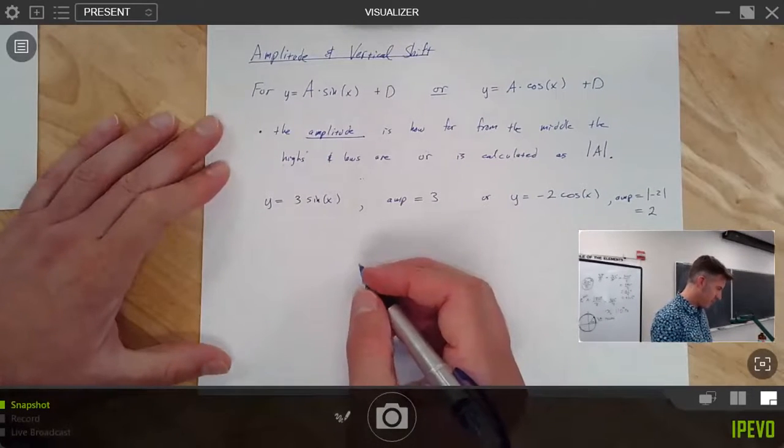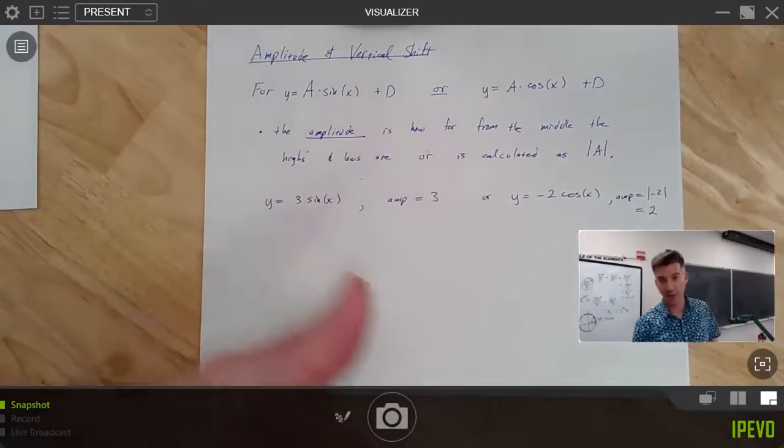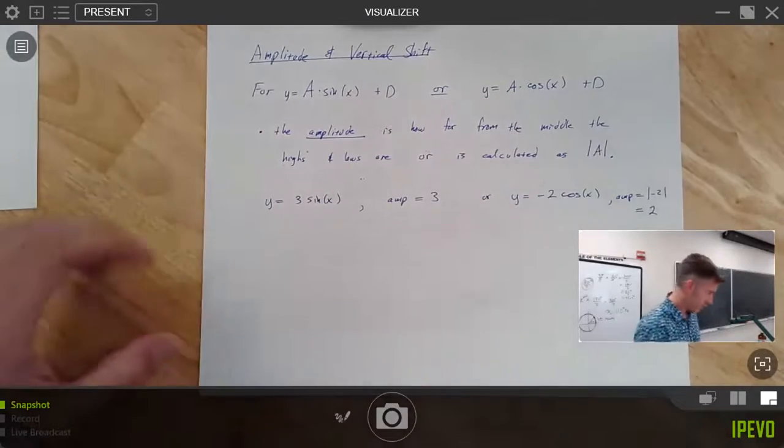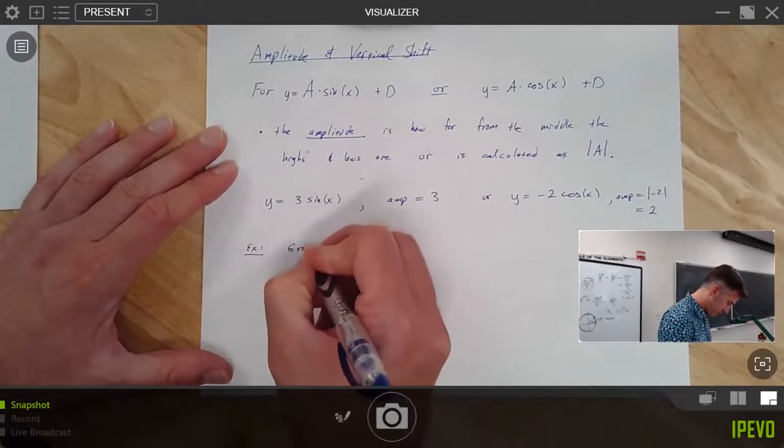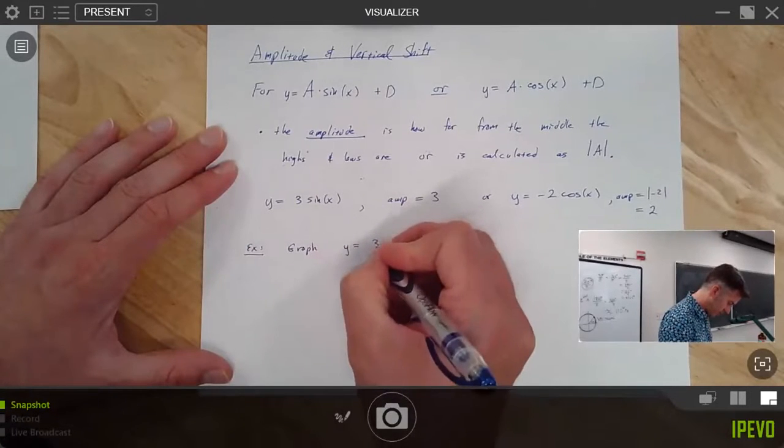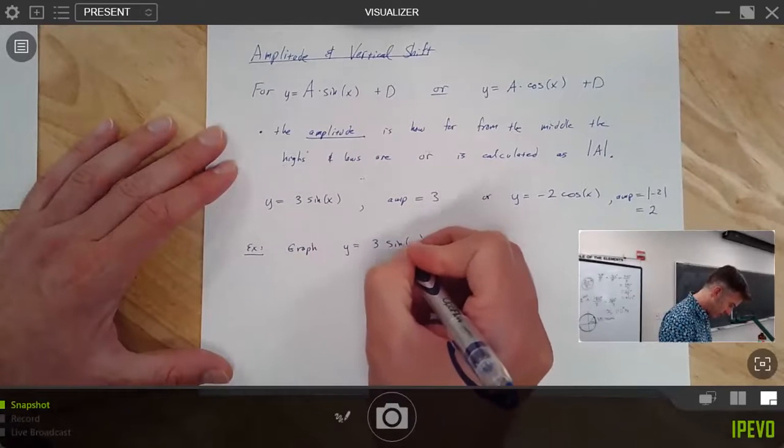And then actually let's graph one and then we'll talk about the vertical shift. So let's graph y equal to 3 sine of x.